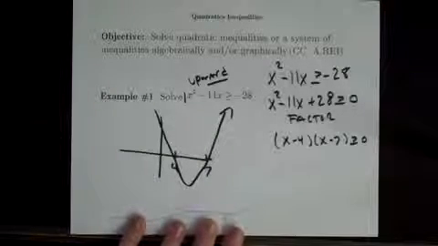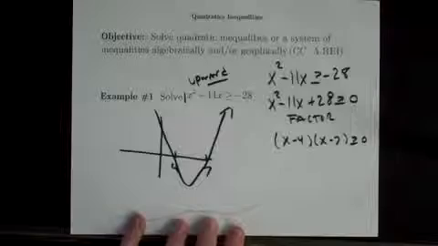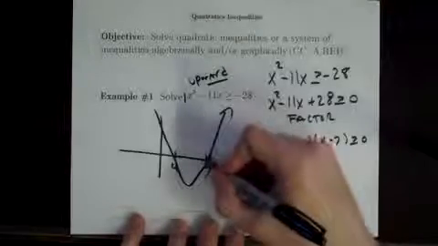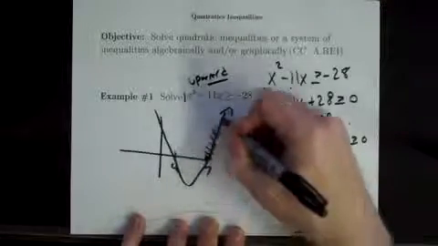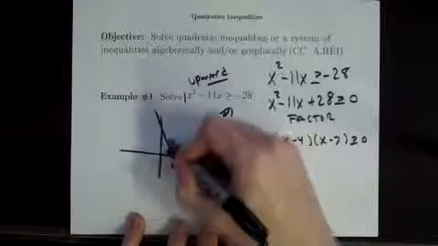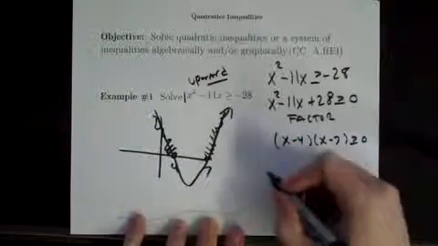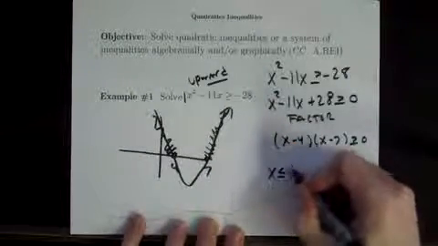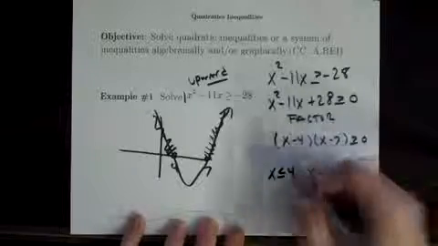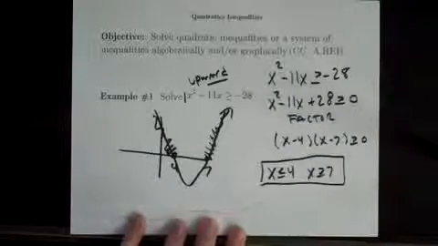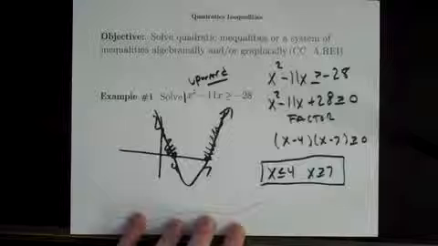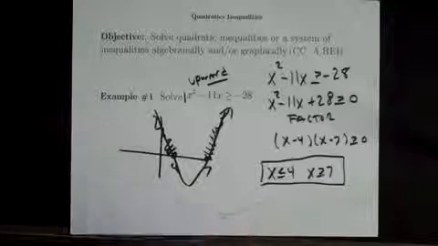We look on the graph and we see that we're going to be greater than or equal to 0 at 7 and all these points, and at 4 and all those points. So done. The answer is x is less than or equal to 4 or greater than or equal to 7.